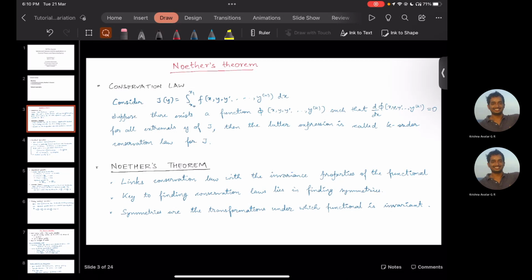Now you're very familiar with the conservation laws in mechanics, the most famous and fundamental being conservation of energy, followed by conservation of momentum and conservation of linear momentum. What Noether's theorem does is link conservation laws with the invariance properties of the functional.